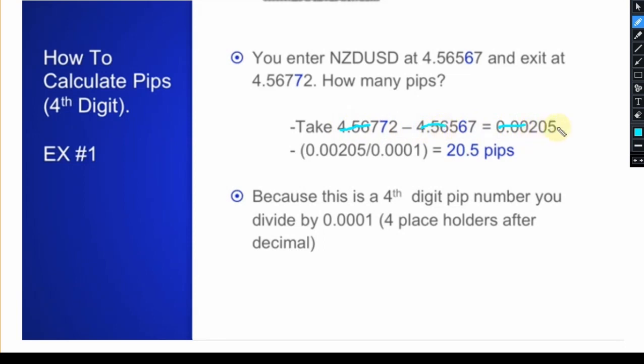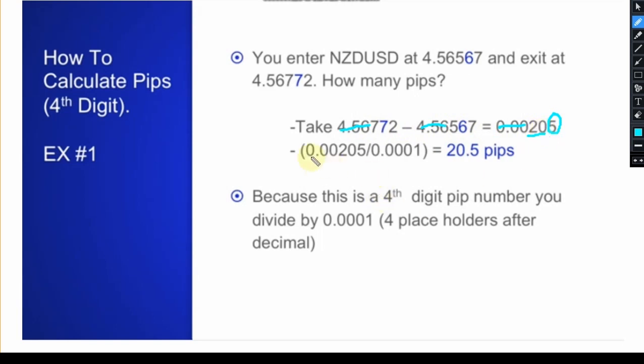So 205, if you remove these very pipettes, if you remember that, automatically what we have is 20 pips. So if you subtract this from this, it will give you 205. Remember this is our pipette, then what we have left is 20 pips.